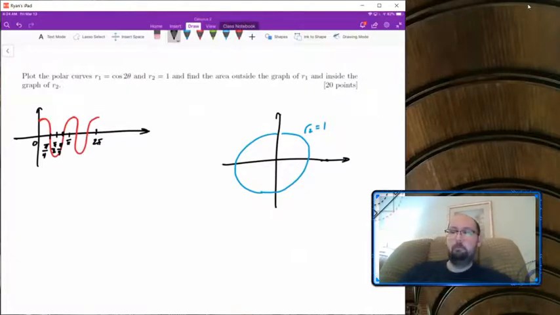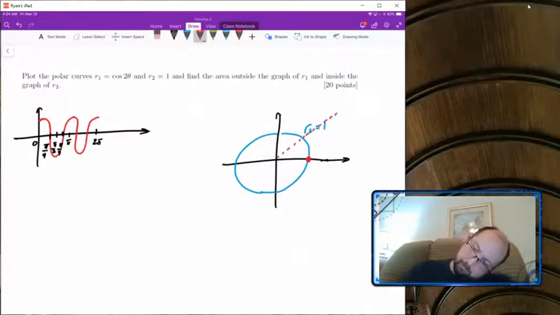So in polar, the cosine starts at 1, and when we get to pi over 4, right here, the cosine should be 0. That's kind of what it looks like.